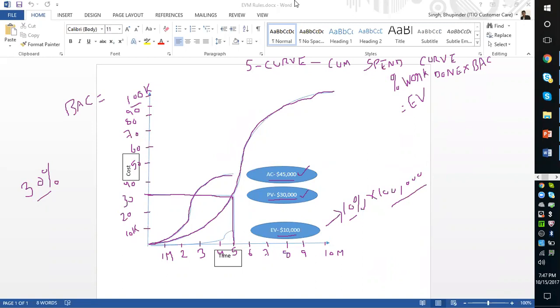And EV, which is earned value, which is calculated as percentage work done multiplied by BAC. Are these four concepts clear? Yes, no, on the chat window, please.